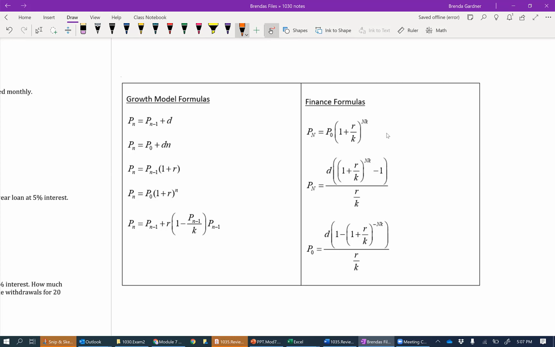So with the finance, this first one is what I'd call a one and done, meaning you put money in once and then you leave it.